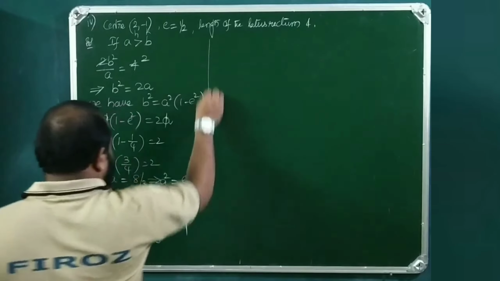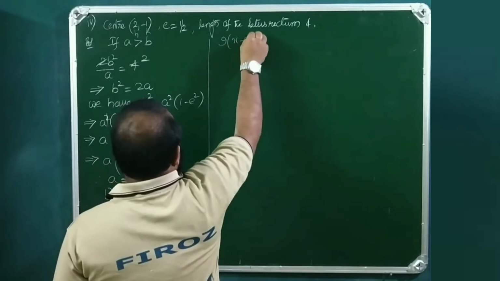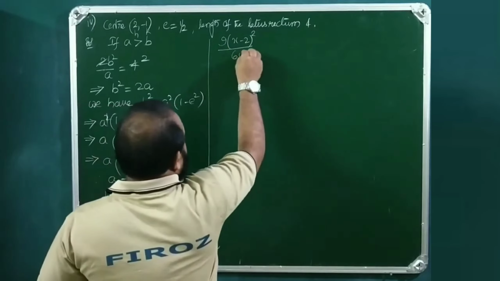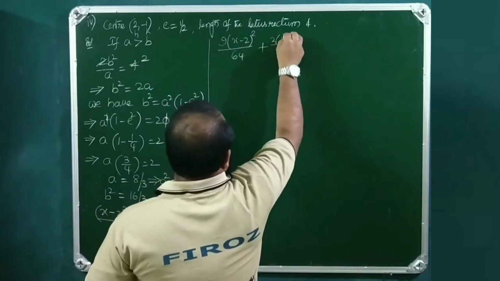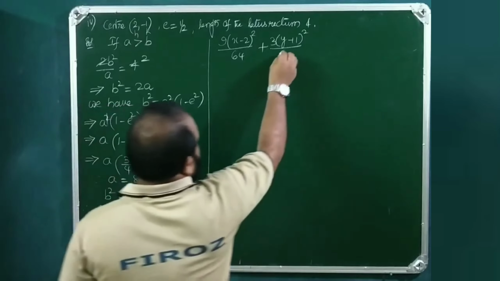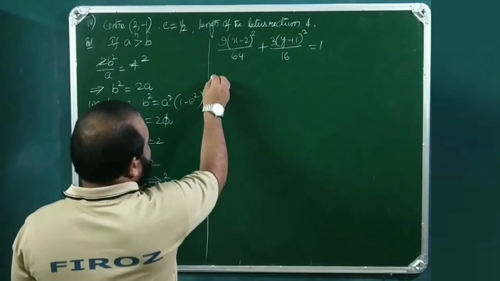So this is 9 into (x minus 2) whole square by 64 plus 3 into (y plus 1) whole square by 16 equals 1.